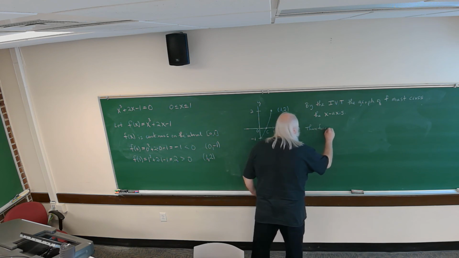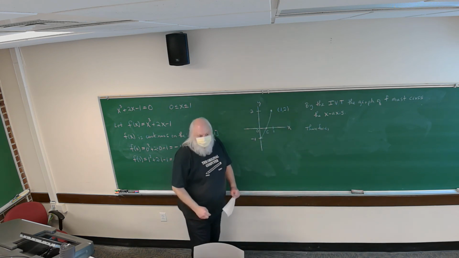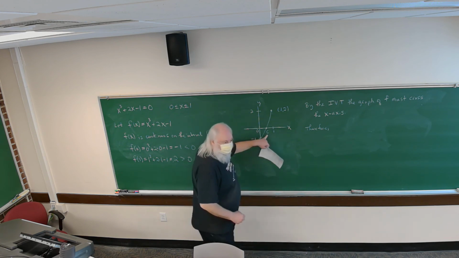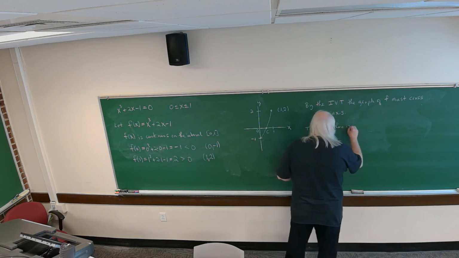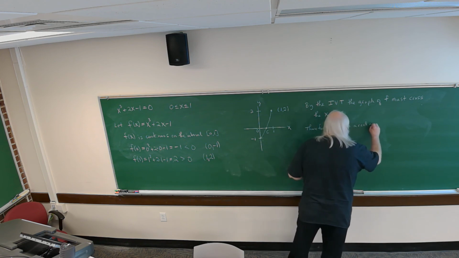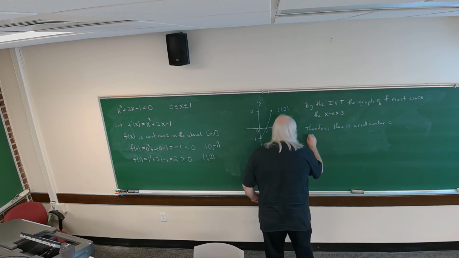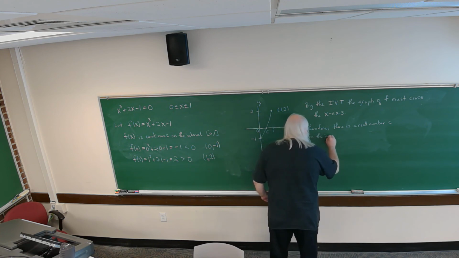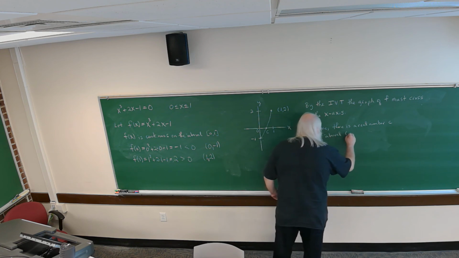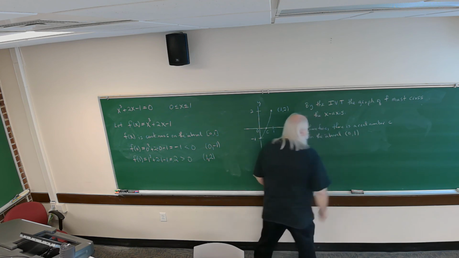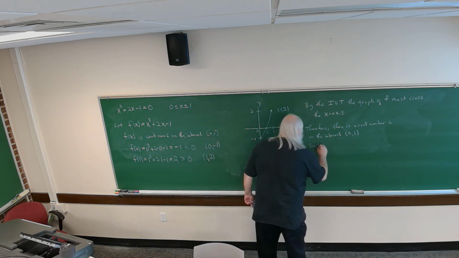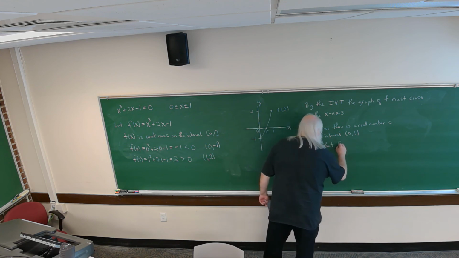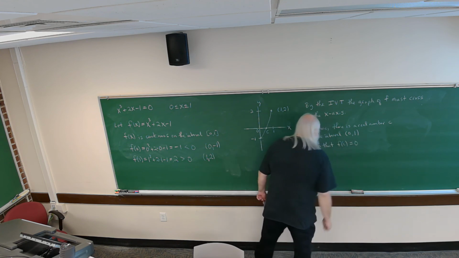Therefore, and we're just giving a proof, we're not going to actually find the number c where it crosses the x-axis, there is a real number c in the open interval from 0 to 1 such that f of c is equal to 0.